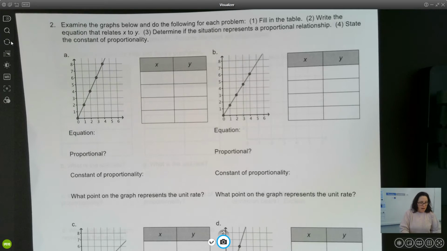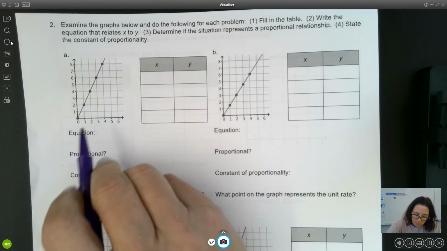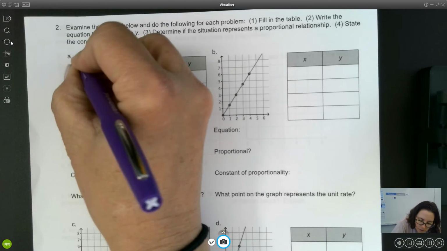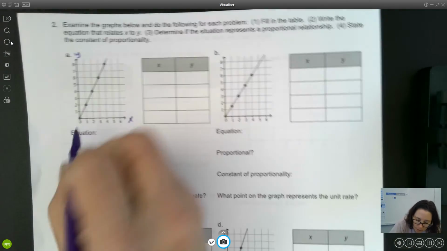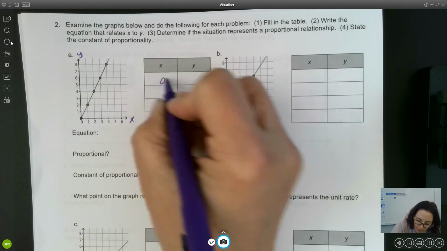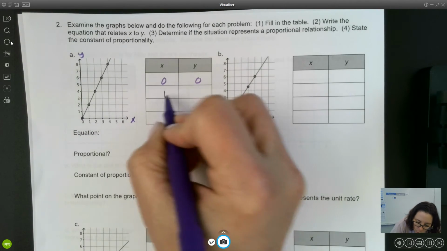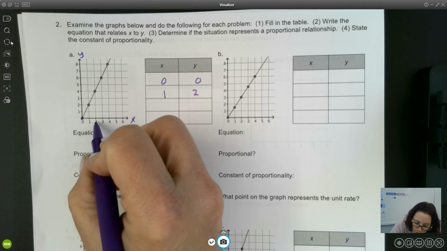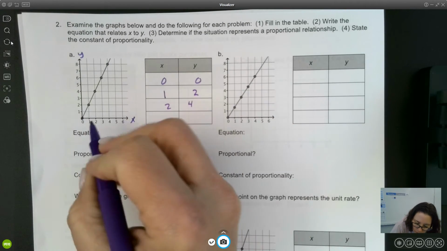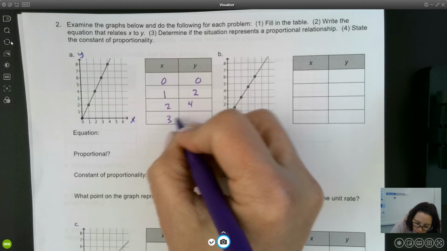Okay. All right, so remember that this is your x and this is your y. So I'm going to pull out this point right here. That's 0, 0. Then I'm going to pull out this point right here, and that's 1, 2. 2, 4, 3, 6.